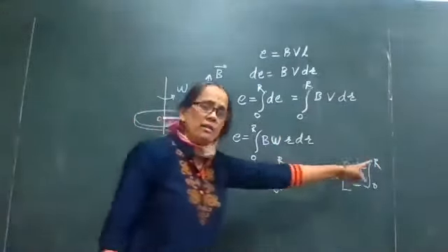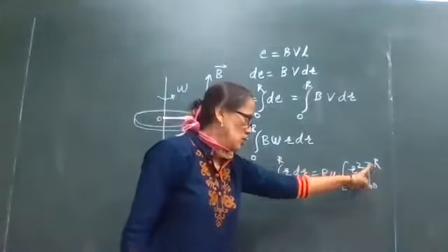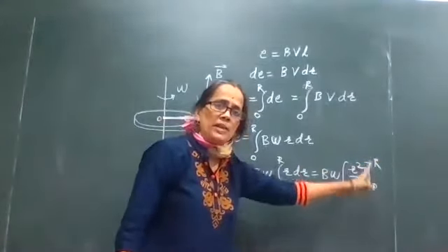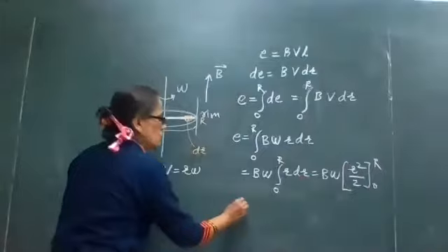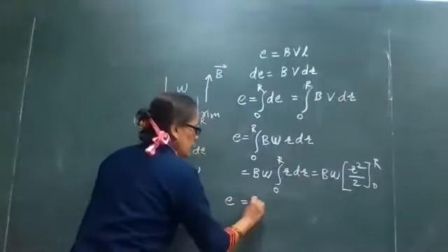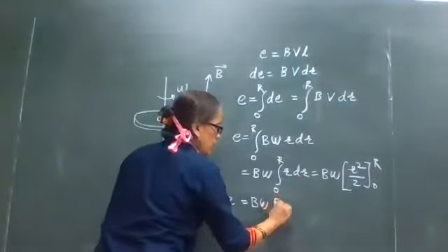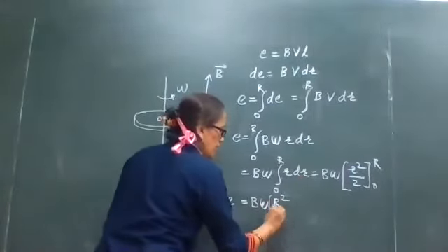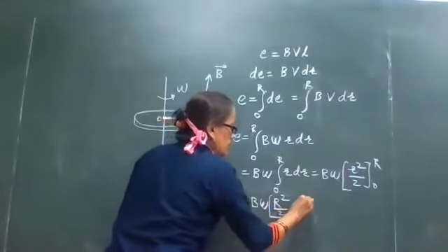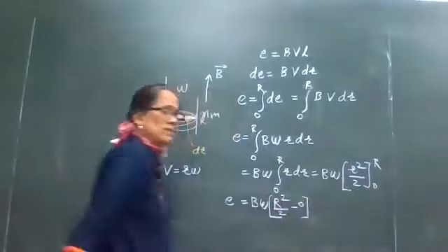Now I can put the limiting values. First I'll put upper limit minus lower limit. So what I'm getting, EMF is equal to B omega, instead of small r, capital R square upon 2 minus 0, because the lower limit is 0.